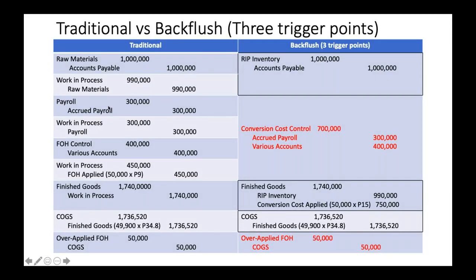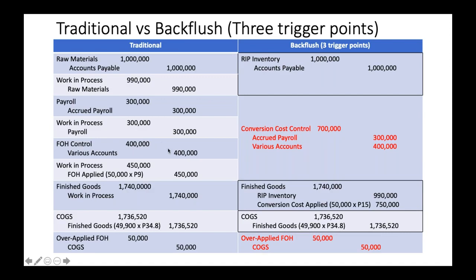Okay, payroll is the actual direct labor cost. Debit payroll, credit accrued payroll, 300,000. And then we apply it to the production, debit work in process, credit payroll. And then the actual factory overhead is debit factory overhead control, actual, credit various accounts, 400,000.